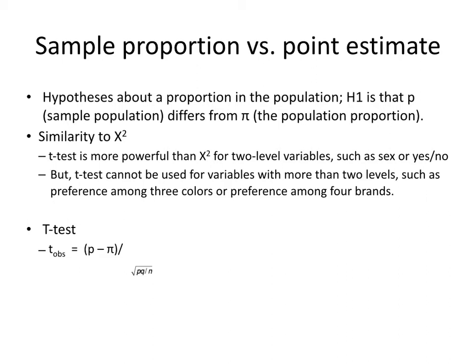And that's divided by the standard error, which is the square root of pq divided by n. Remember that p is the sample proportion and q is 1 minus p. So if we observe that 70% of the people were satisfied with the service, then q would be 30%, 1 minus p. And n, of course, is the sample size.